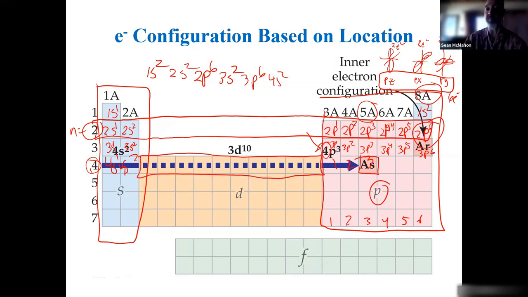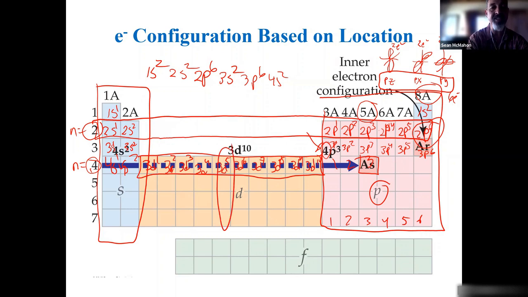Right here, remember, the D is 1 behind. So even though this is energy level 4, the D sublevel is 1 behind. So this would be 3d1, d2, d3. There's an exception here, but for now, I'm going to make it easy. This is 3d4, 3d5, 3d6, 3d7, 3d8, 3d9, 3d10.